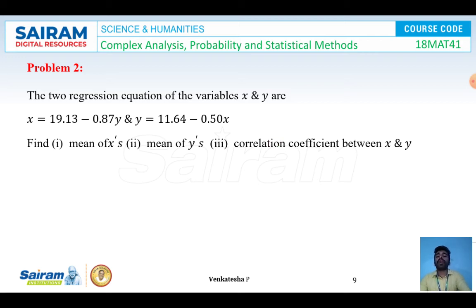To find the mean of x and mean of y, I am going to solve these two equations by converting x and y in terms of x bar and y bar. Take the two equations first. So I am taking x is equal to 19.13 minus 0.87y and one more equation, y is equal to 11.64 minus 0.50x.